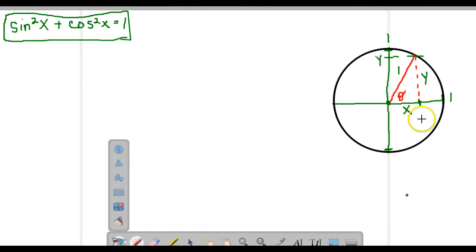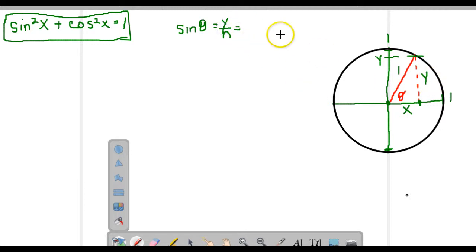So let me start by asking, what is the sine of theta? Here's theta, and the sine of theta is just the y over the hypotenuse. So I'm just going to write that in. The sine of theta is my y over my hypotenuse.